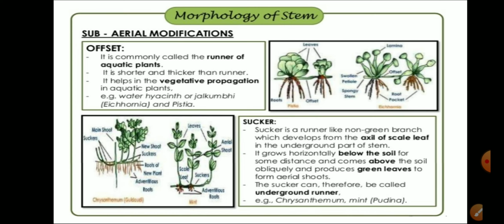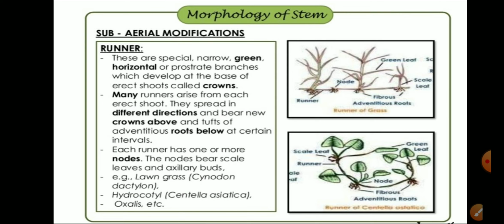Suckers are runner-like non-green branches which develop from the axillary scale leaves in the underground part of the stem. They grow horizontally below the soil for some distance and are found in mint and chrysanthemum. Then we have runners. Runners are special narrow green horizontal prostrate branches which develop at the base. An example is lawn grass and hydrocotyle.